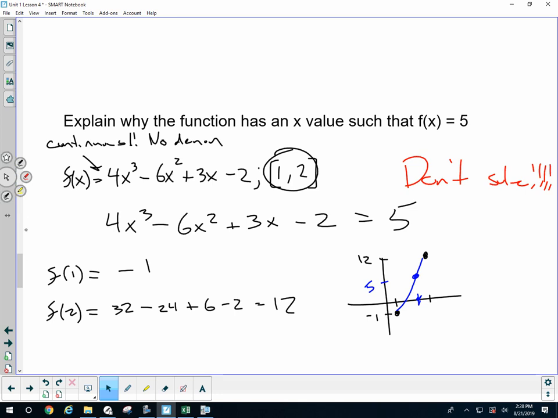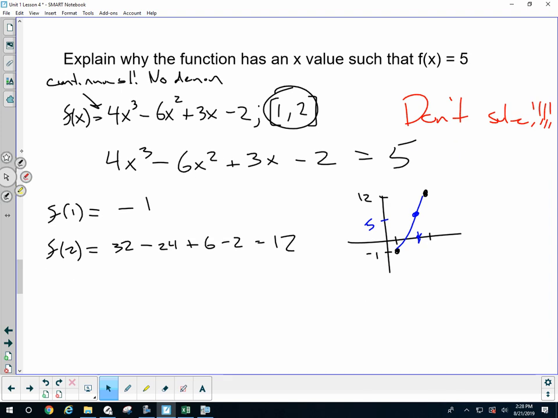So this is our statement. And you're going to write down the statement.